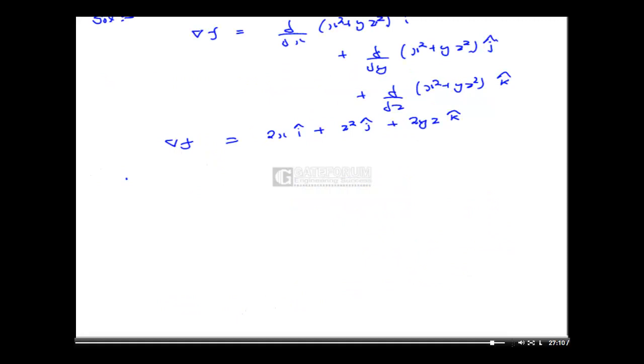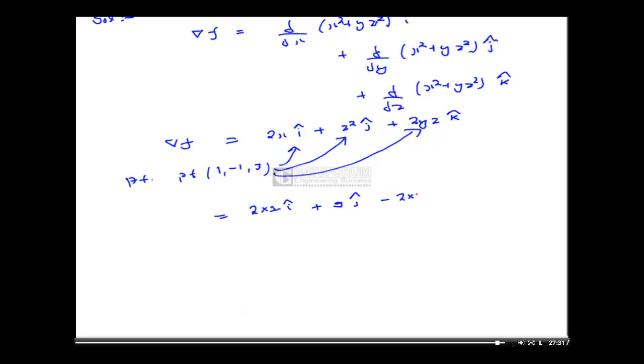Okay. To find the greatest rate of increase at the point (1, -1, 3), I have to substitute this point in this gradient f. I will get 2 into 1 i cap plus 9 j cap minus 2 into 1 into 3 k cap.